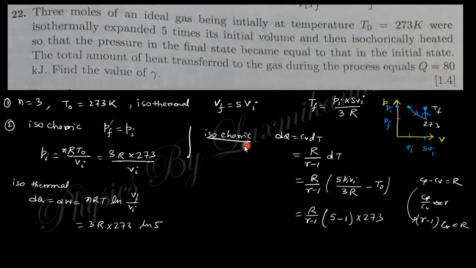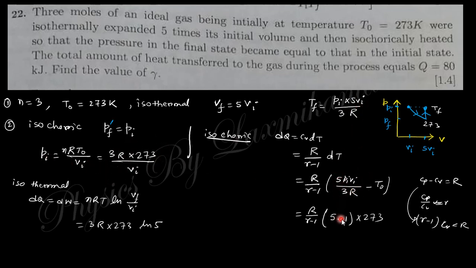And in the isochoric process, dW equals 0 because it is P dV. Since dV is 0, the work done part is 0, so dQ equals Cv dT. And you know Cv equals R by gamma minus 1, and dT is the final temperature minus initial temperature. So you can see here 5 Vi Pi by 3R, and Pi Vi by 3R is 273.